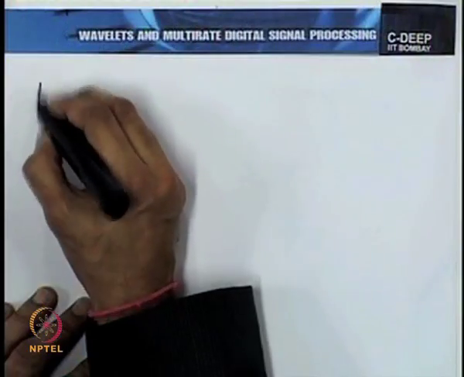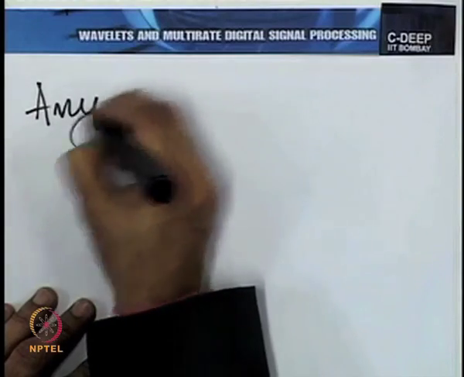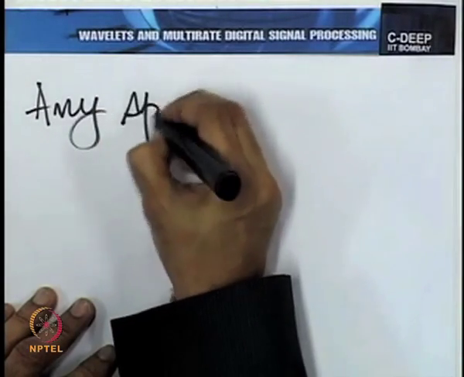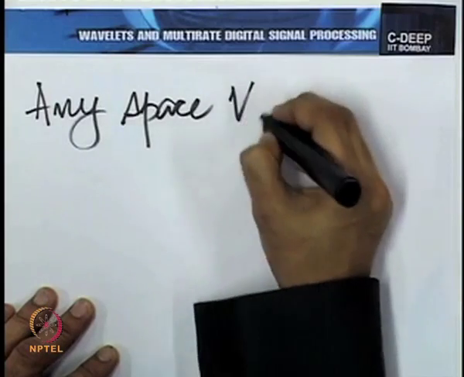Now, the subtle point is that if you were to go to any space V m, the same thing would carry forth. So, it is very easy to see that any space V m can be similarly constructed.